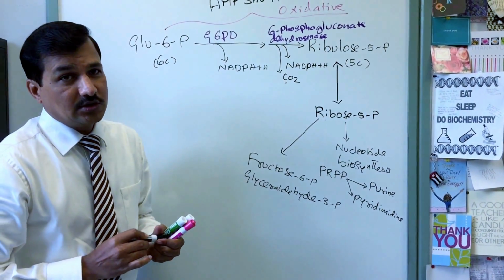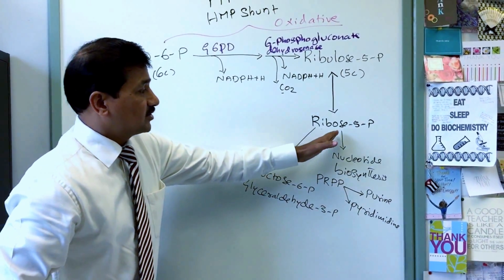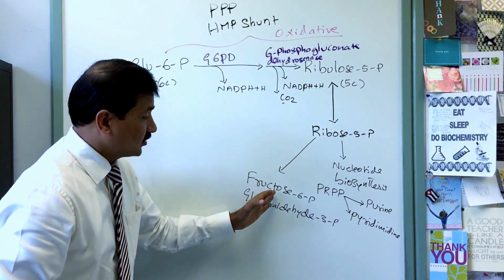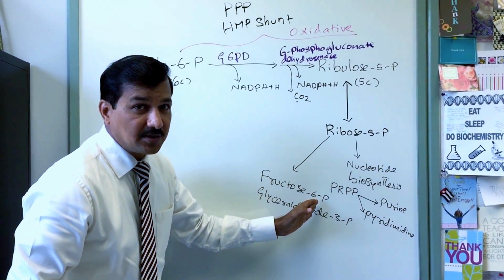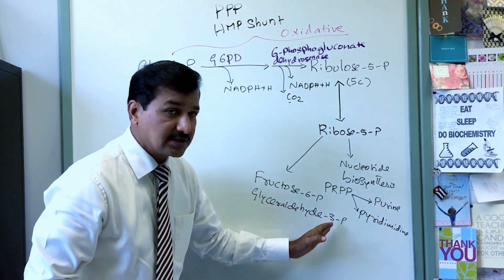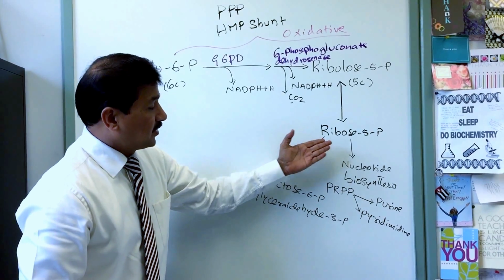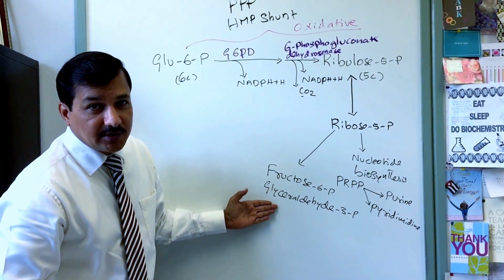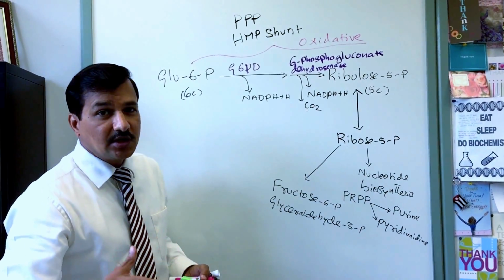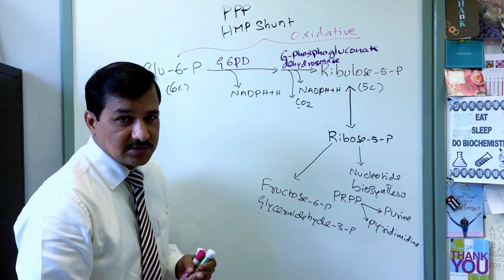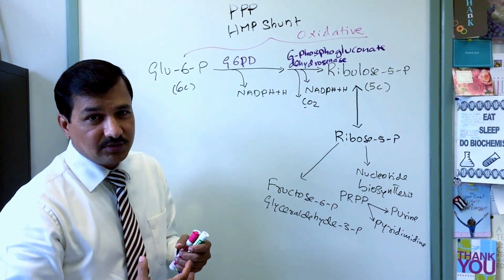Either of these two molecules can be formed. Ribose 5-phosphate is a 5-carbon compound. Fructose 6-phosphate is a 6-carbon compound. Glyceraldehyde 3-phosphate is a 3-carbon compound. Then you can ask me, how does a 5-carbon compound get converted to a 6-carbon molecule? For that, we need to consider more than one ribose 5-phosphate, because they will interact with one another.